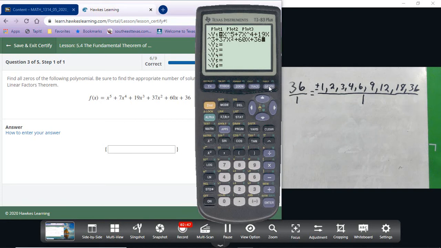Alright, so we have all this in here. We're just going to hit graph, and we just want to see if we can see a few of them. Okay, so it looks like if I'm counting by ones, at 0 this is -1, and then that's -2, -3. So when it talked about the ones that flatten out, let me zoom in so you can see that a little bit better.